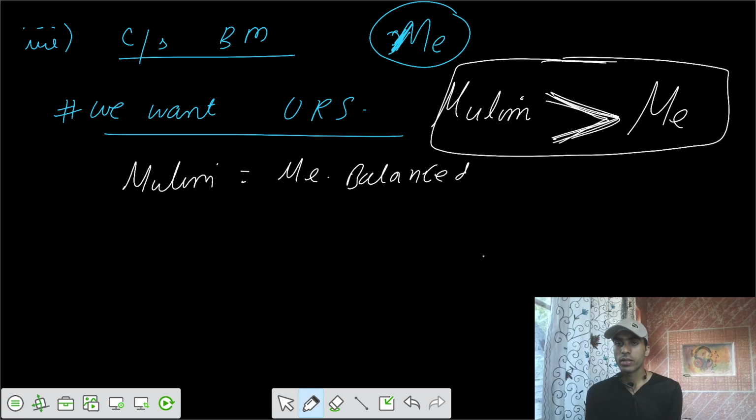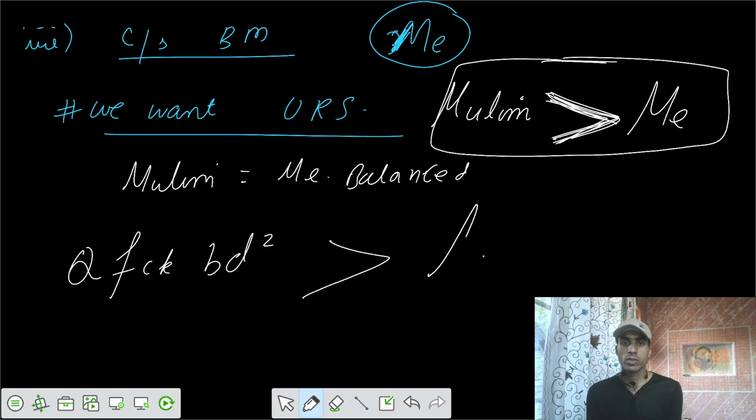This ensures that your limiting moment is more than the external moment, and that itself will ensure that the section is under reinforced. The value of MU limiting equals Q times FCK BD square, and that should be greater than, not equals to.